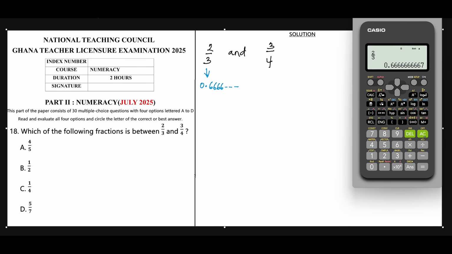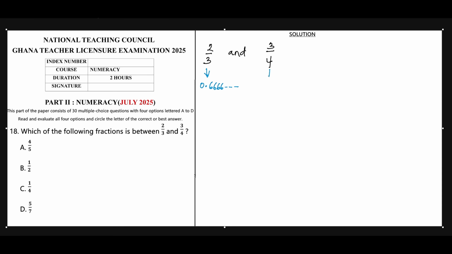Next, 3 on 4, the decimal fraction. This is a terminating decimal. It ends at 0.75. So let's begin with option A.